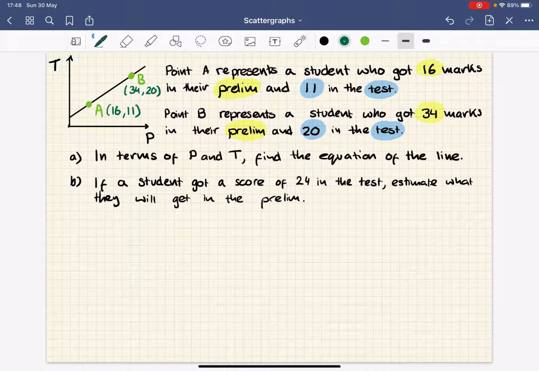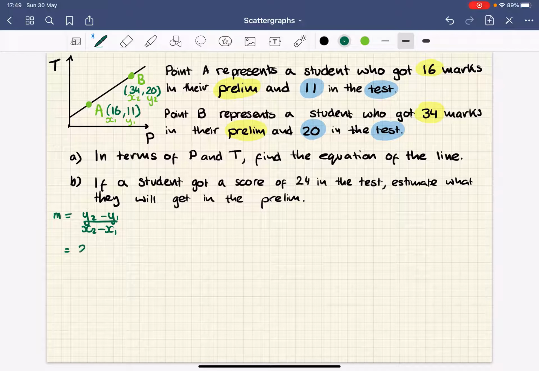So now we've got our coordinates, now we can begin finding out the gradient. So remember, my formula is y2 minus y1 all over x2 minus x1. So that can be my x1 and my y1, and this can be x2, y2. And remember, it doesn't matter what way round I have my set, as long as the ones are all together and the twos are all together.